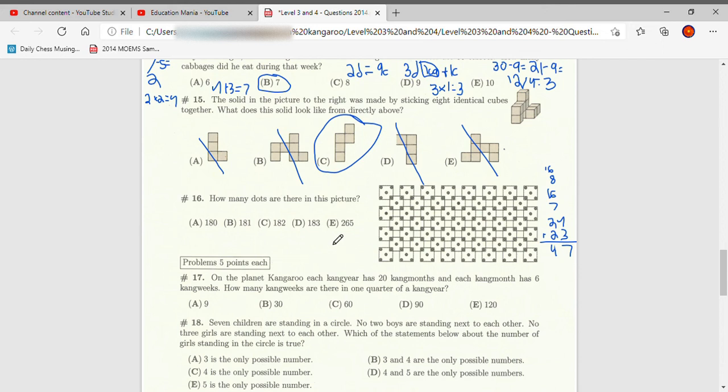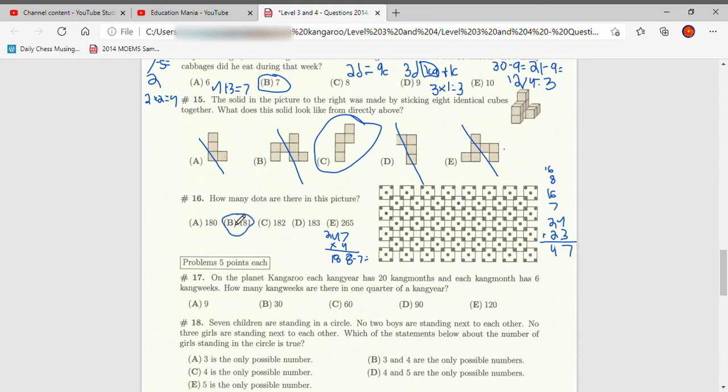So that's why we always have to recheck. So we counted incorrectly, which is very simple in this thing because there's so many dots. 47 times 4 is 188. And when we minus 7 from this, we get B, 181.